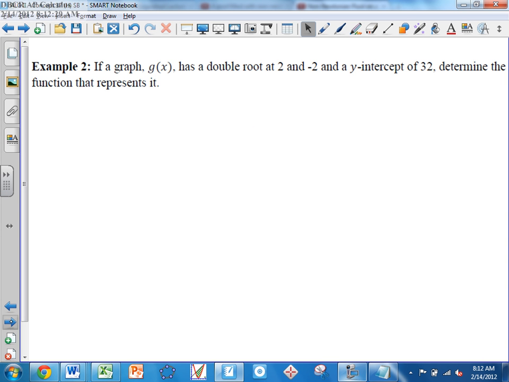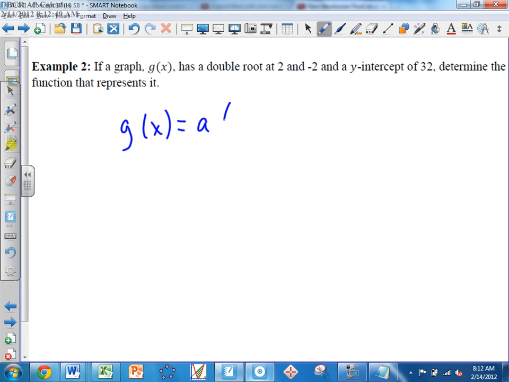If a graph g of x has a double root at 2 and -2 and a y-intercept of 32, determine the function that represents it. A double root at 2 and -2. Good. So I start with g of x for this one. g of x equals a. Now I know I'm going to have 4 roots because I have 2 double roots.